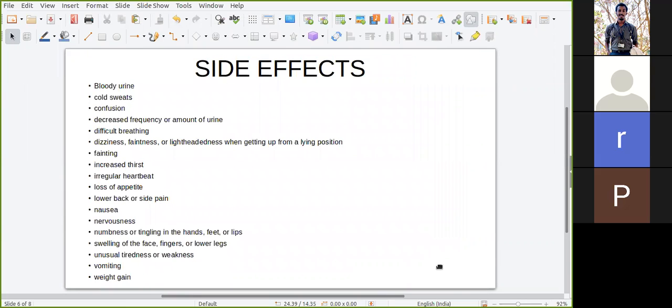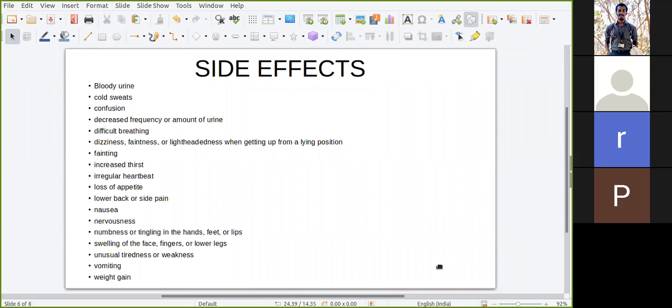What's the difference between losartan and valsartan? Valsartan is a combination drug? Like with what? Like sacubitril, you're telling. Sacubitril and valsartan. There's some other difference also. I think I had read somewhere, but I forgot.